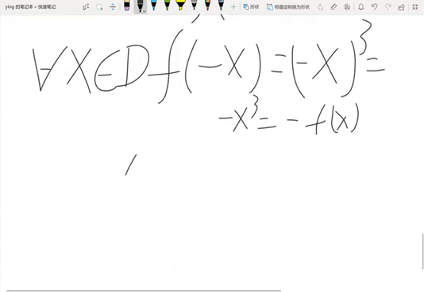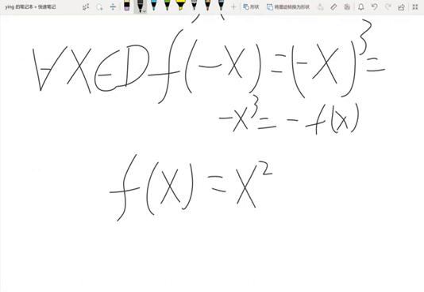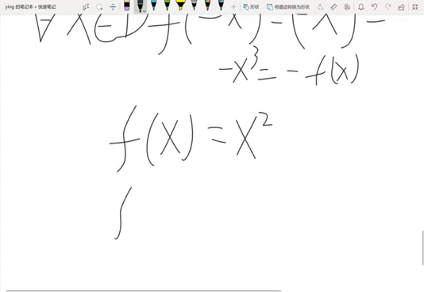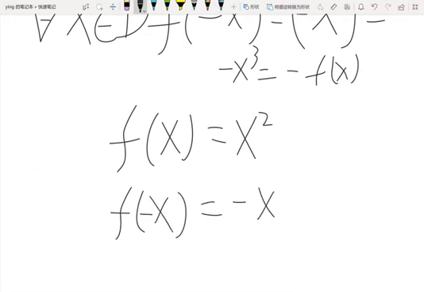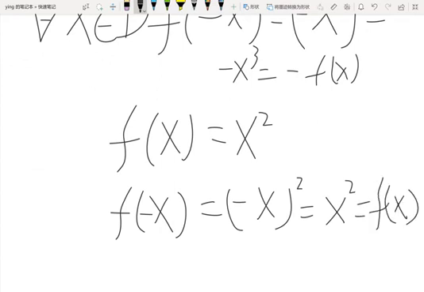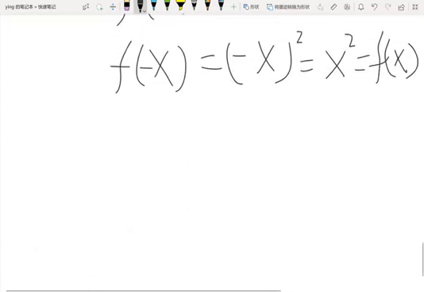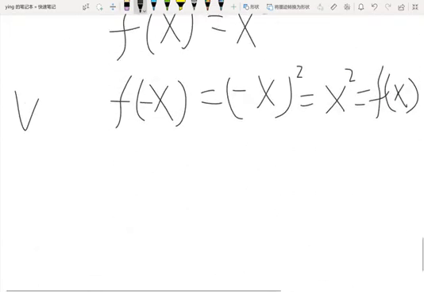So another example. This function is an even function because, as we can see, this relationship stands for any x in the domain of f.